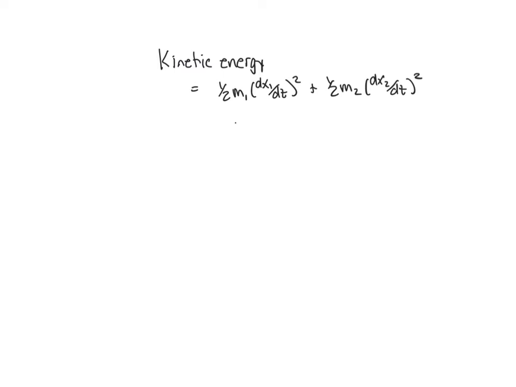This would be in my x1, x2 coordinate system, but I need to replace x1 by our value for x1 in terms of r, and replace x2 by our relationship for x2 in terms of r, so that I get everything in terms of r.